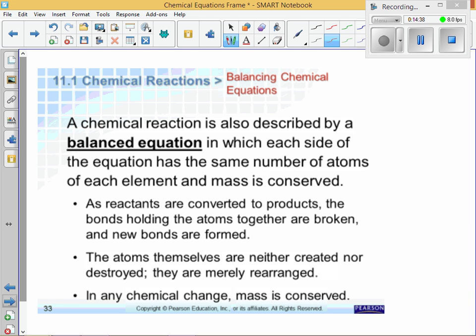So if you have 4 of an atom in the reactants, how many of those atoms will you need on the product side? 4, okay? So we don't destroy atoms of an element. In any chemical reaction, I'm going to go back to, mass is conserved. The atoms themselves are neither created nor destroyed. They are merely rearranged, okay?